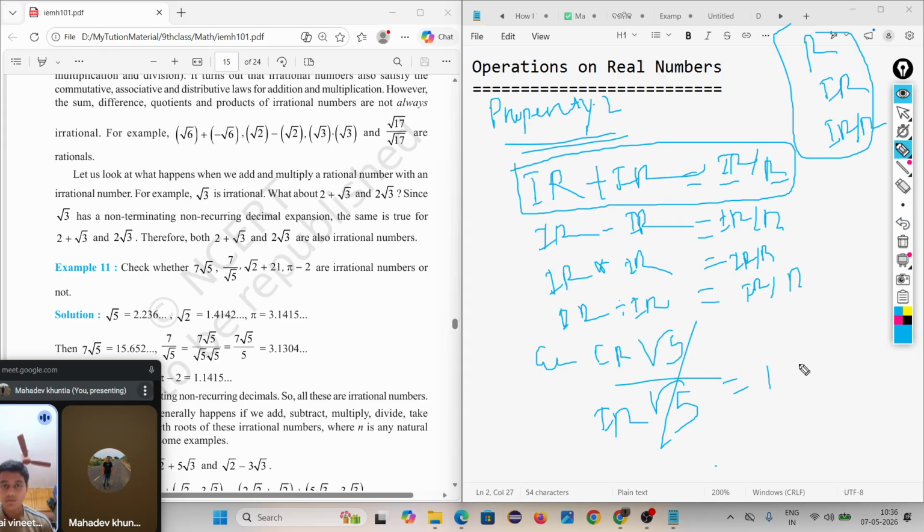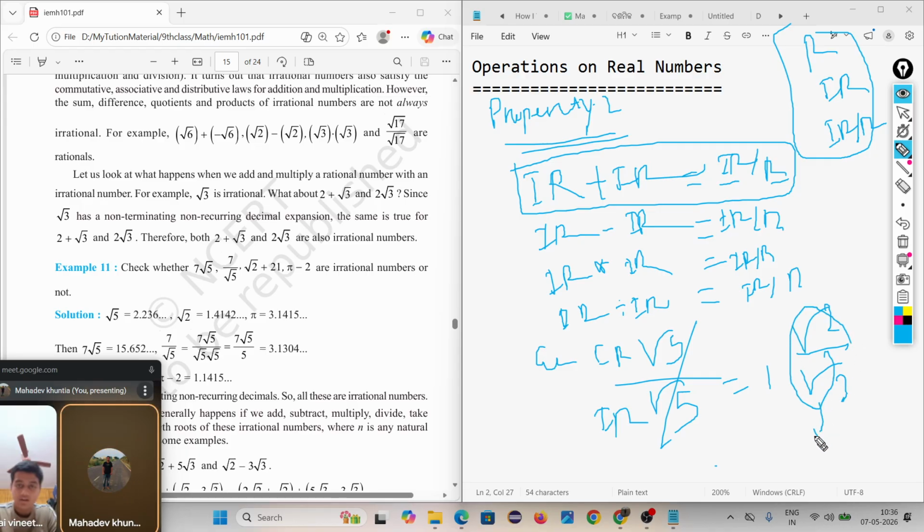Square root of 1 by square root of 3. In this case you are getting an irrational number, na. Yes, sir. Exception. Okay. Look, if you are taking both irrational, the result may be rational, may be irrational. This is the two property. You understand? Yes, sir.